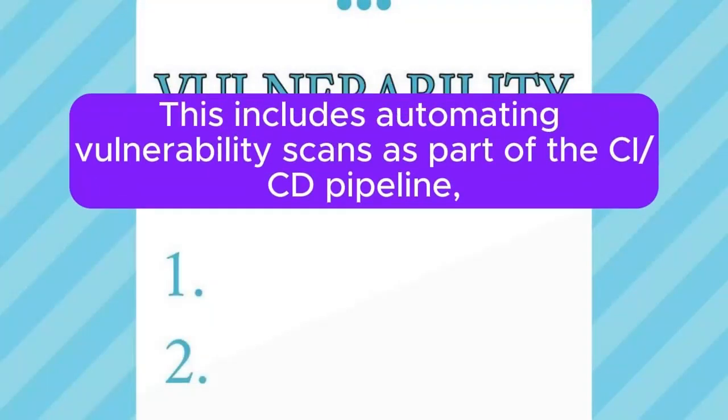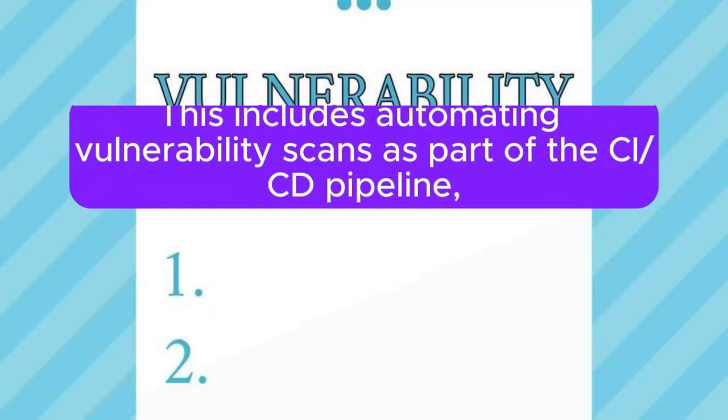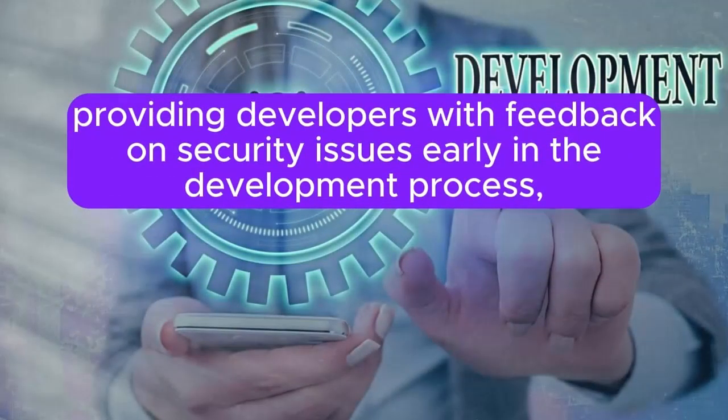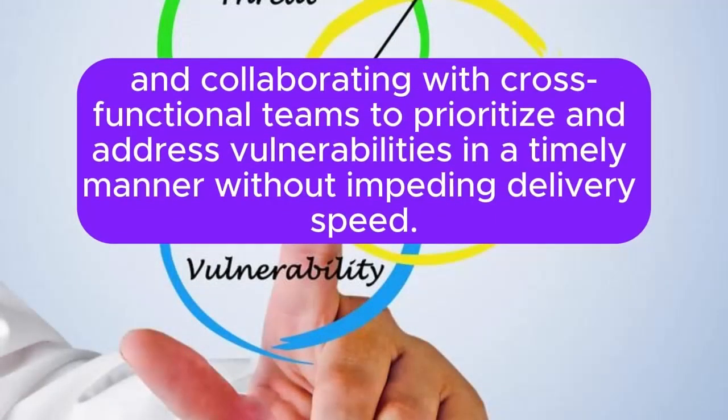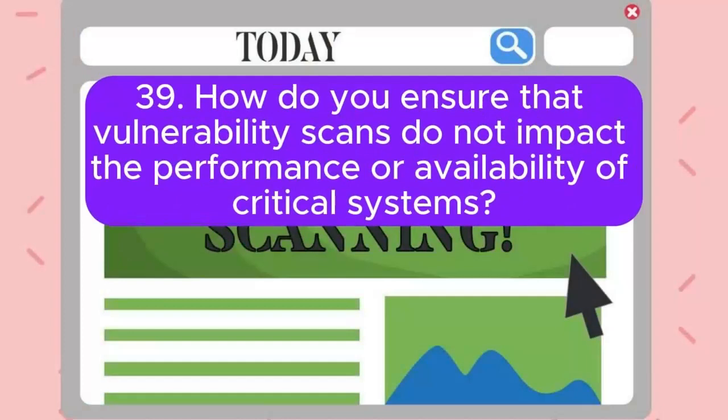This includes automating vulnerability scans as part of the CI/CD pipeline, providing developers with feedback on security issues early in the development process, and collaborating with cross-functional teams to prioritize and address vulnerabilities in a timely manner without impeding delivery speed.